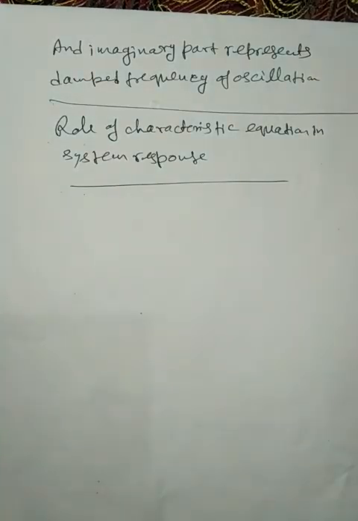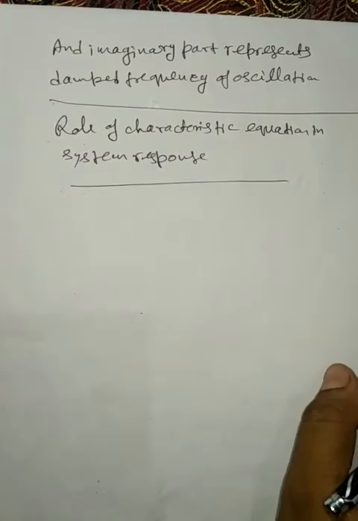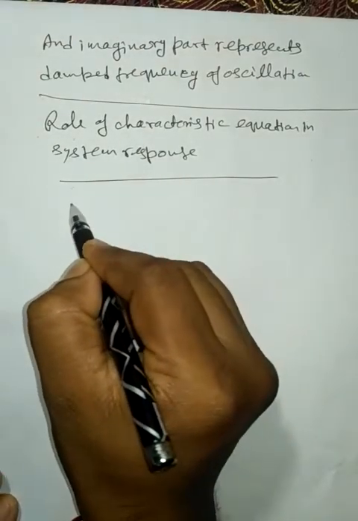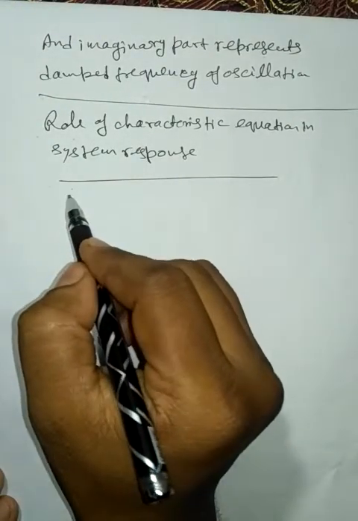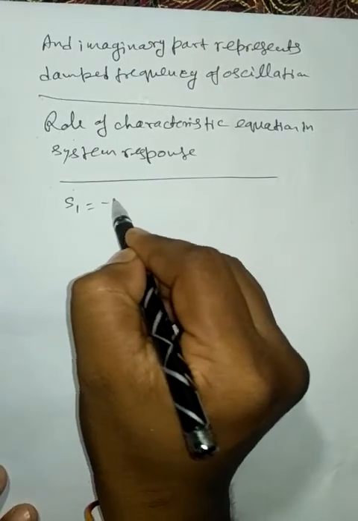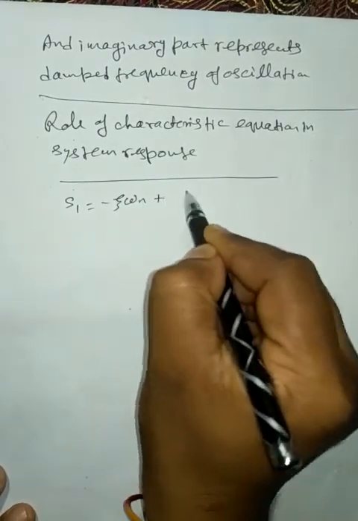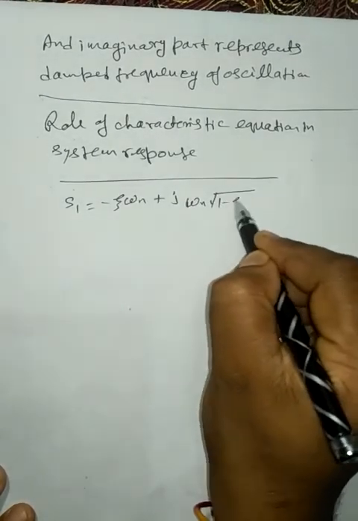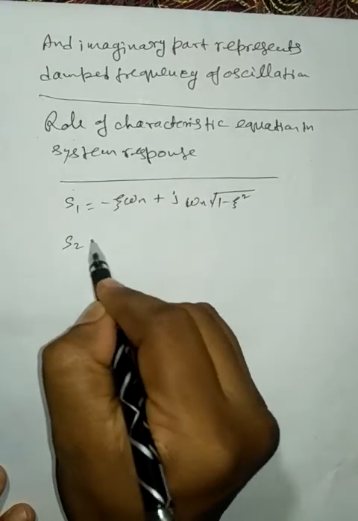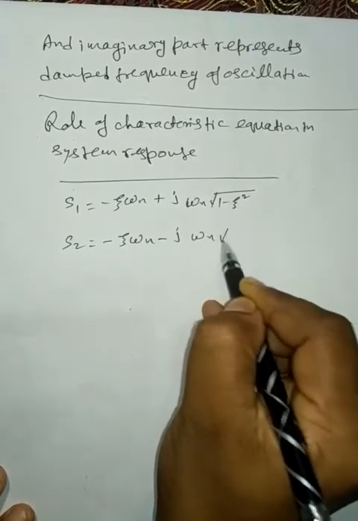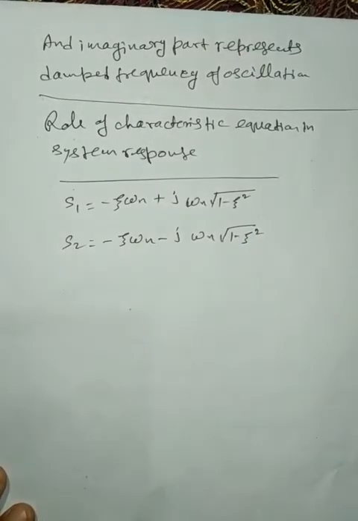So what is the role of the characteristic equation in system response? We see that we have two roots for a second order system, where S1 is equal to minus zeta omega n plus j omega n under root 1 minus zeta square, and S2 is equal to minus zeta omega n minus j omega n under root 1 minus zeta square.